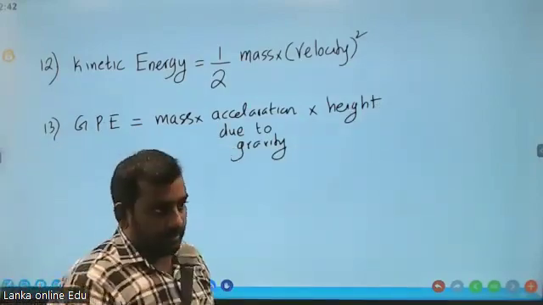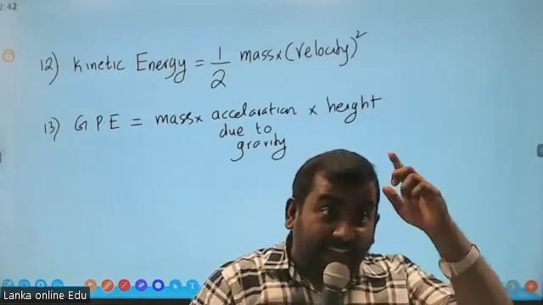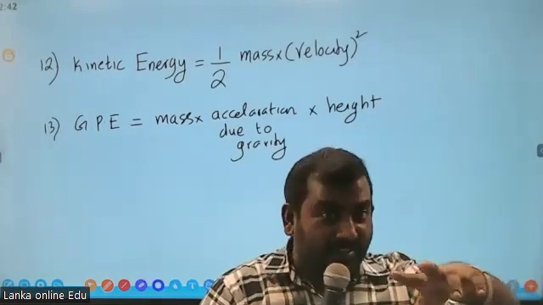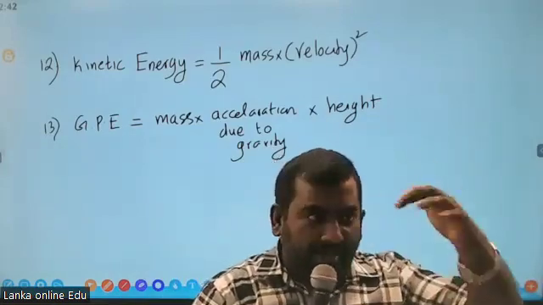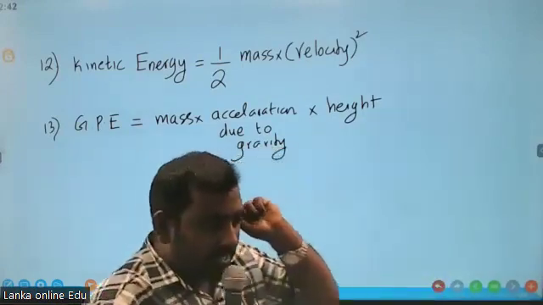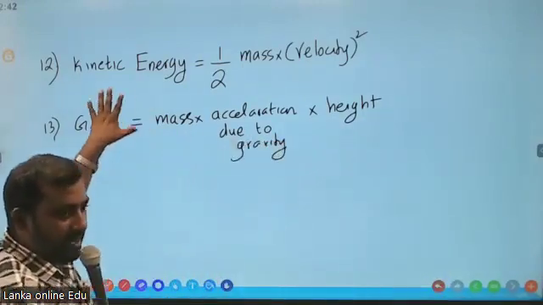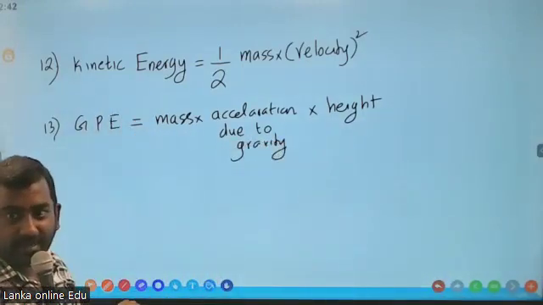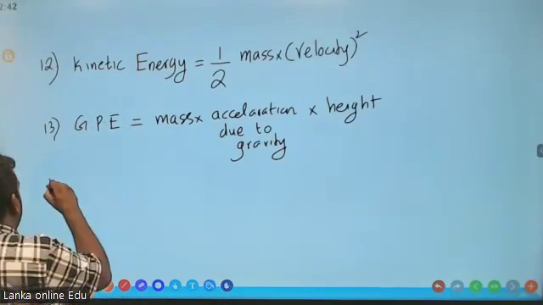Mass is fundamental. Acceleration I can find earlier using fundamental. Height is a length, so fundamental. Using fundamental quantities, I have made a derived quantity. Clear?